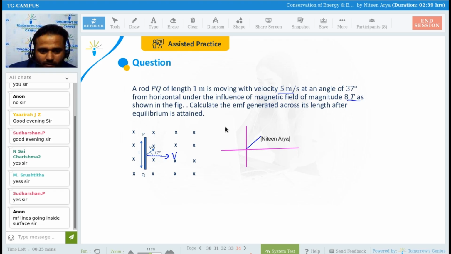This is my V. So there is one component which is V sine, and this is Vx. If I choose this as X, this is going to be negative, and this is going to be something perpendicular. If I choose this X, then I need to choose a perpendicular like this. This is my Y then, and another perpendicular.